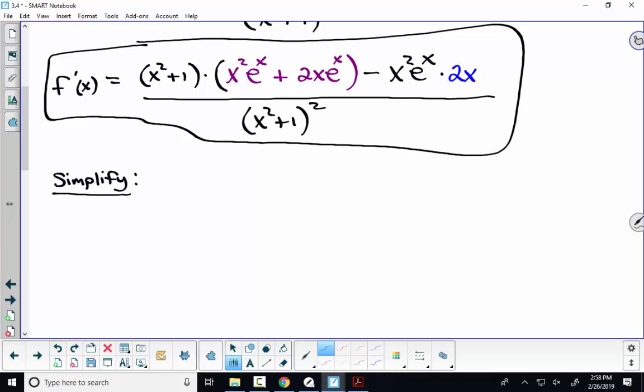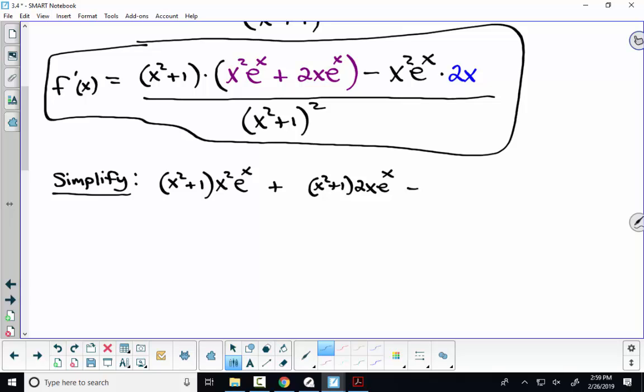This first term in the numerator, let's expand that out, meaning distributing the x squared plus 1 to both things in purple. So we distribute the x squared plus 1. That way we can look at these individual terms.